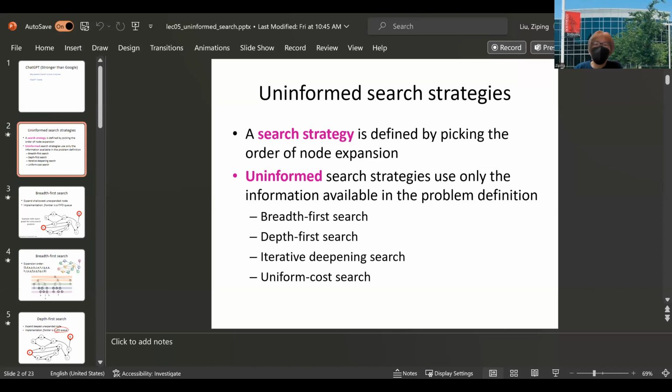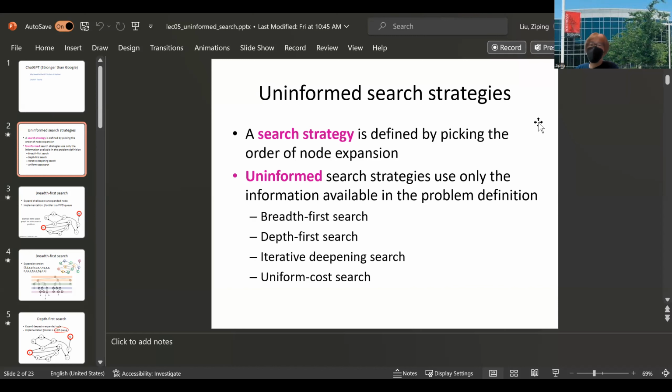Okay, so today we will focus on discussion about different search strategies. And we will start with the uninformed search strategy.